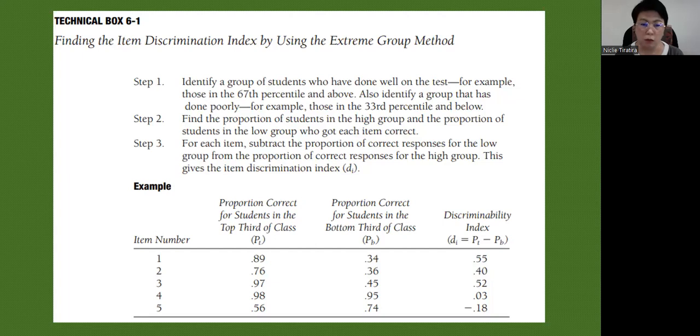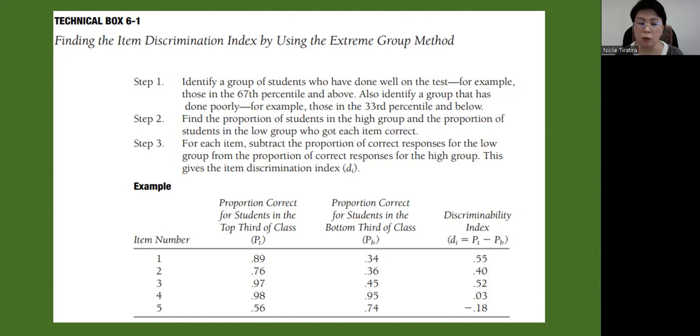Now, here for the example, we have item numbers 1 to 5, and you have the proportion correct for students in the top third of a class, and the proportion correct for students in the bottom third of the class. Let us say you have 100 test takers in the upper group and 100 also in the lower group.